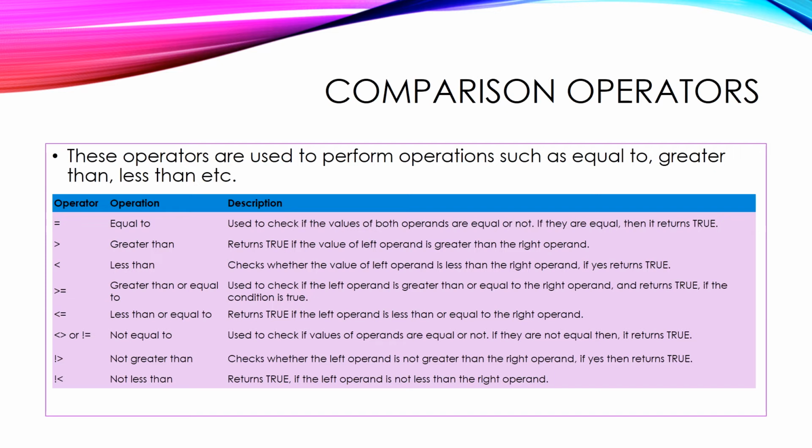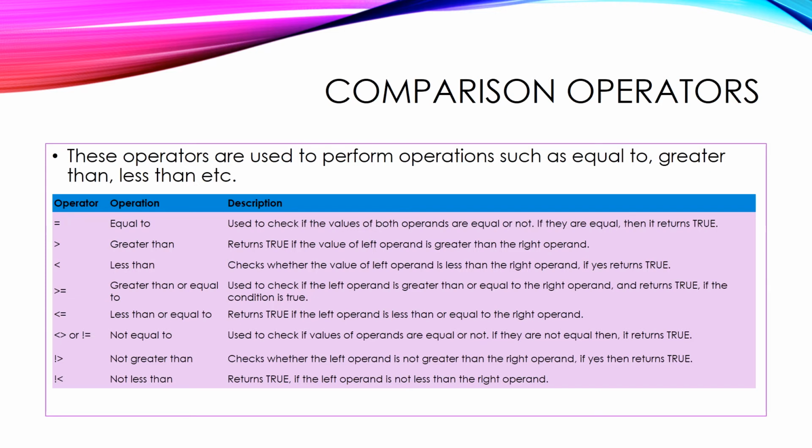If yes, returns true. Greater than or equal to is used to check if the left operand is greater than or equal to the right operand and returns true if the condition is true. The less than or equal to operator returns true if the left operand is less than or equal to the right operand.